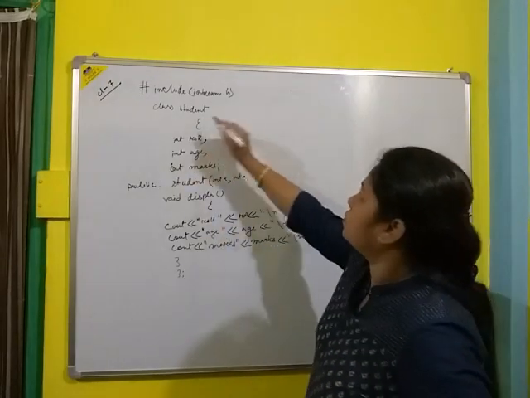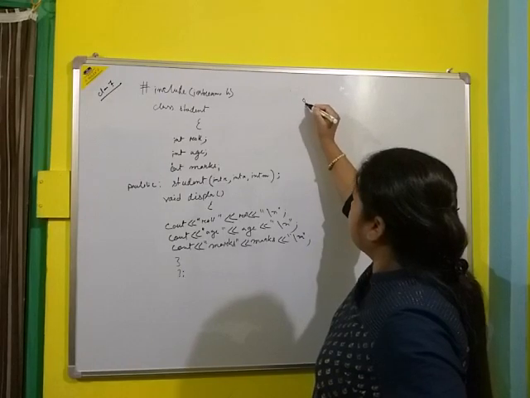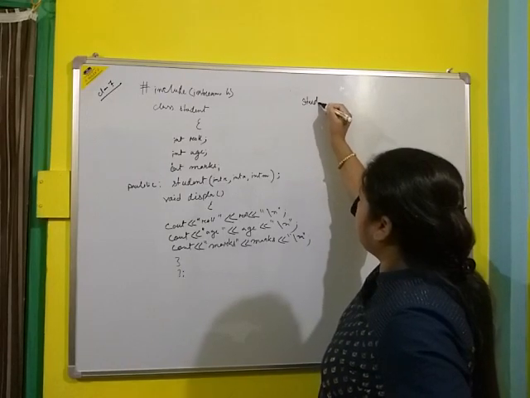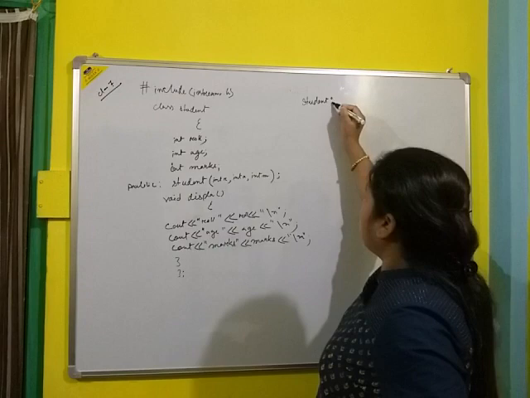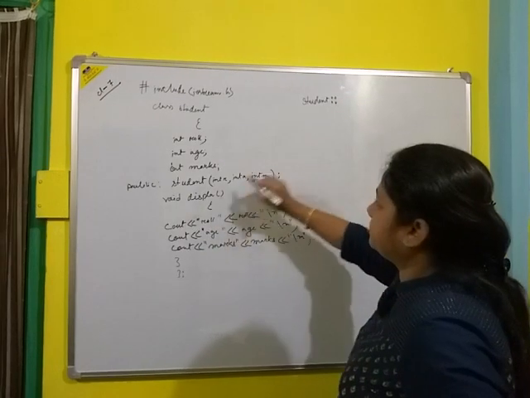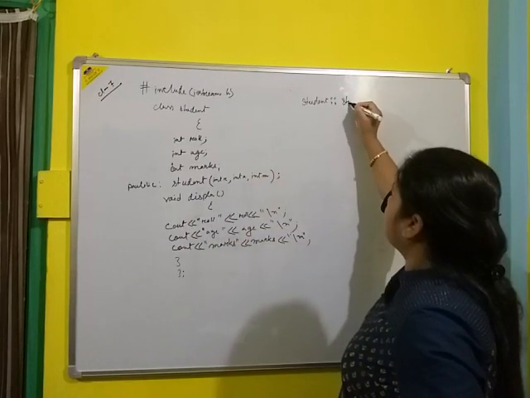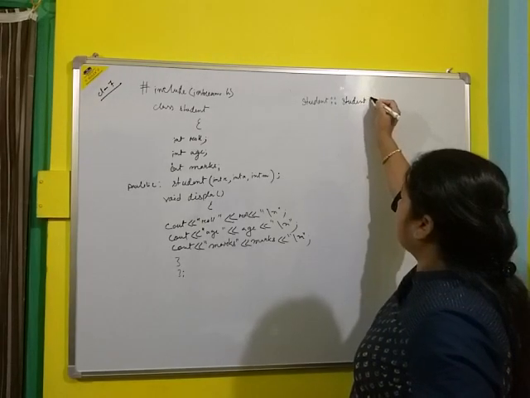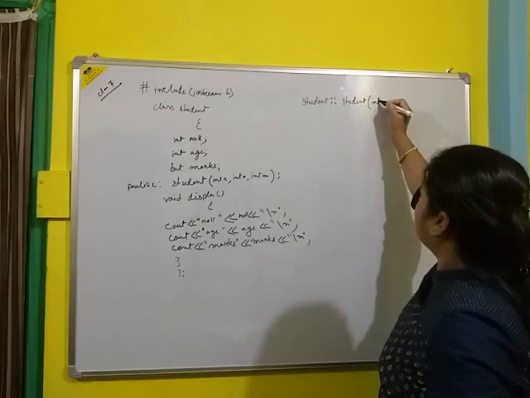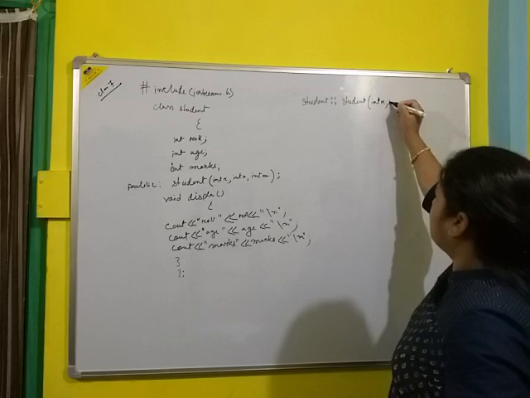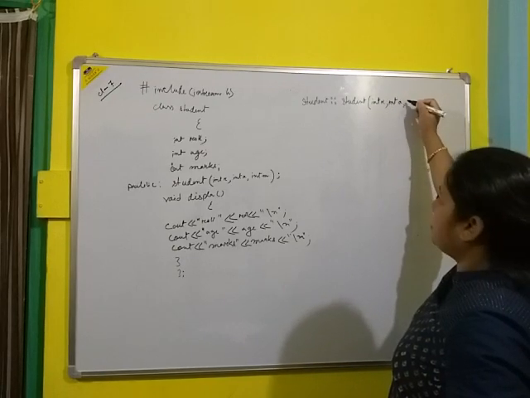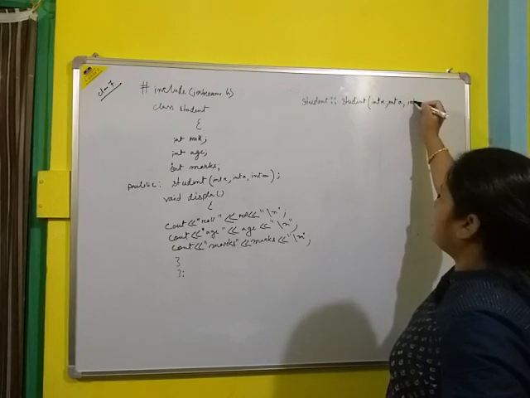So student, scope resolution operator, student, integer r, integer a, integer m.